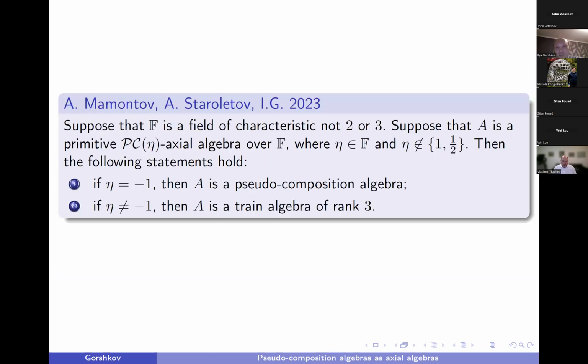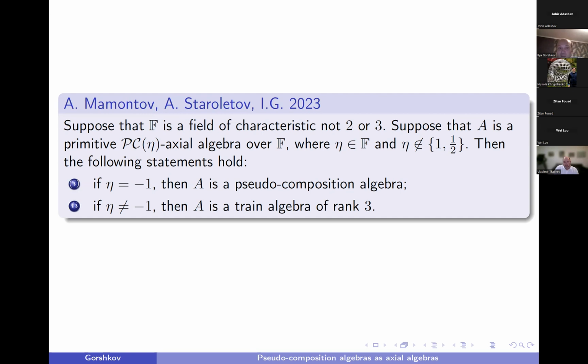As a corollary of the previous theorem, we can accumulate everything we know about train algebras and pseudo-composition algebras and invert the Peirce decomposition.